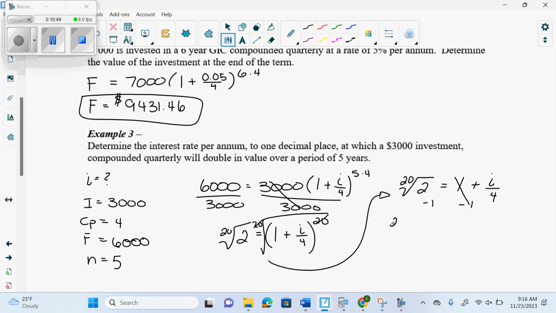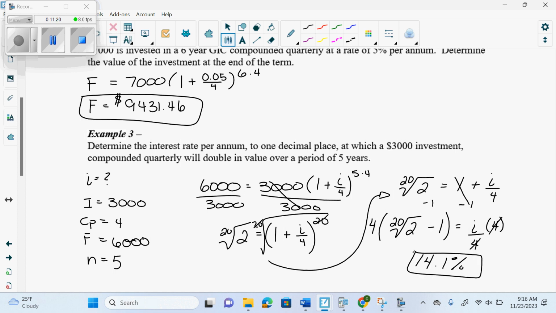So I get the 20th root of 2, subtract 1 equals i divided by 4, and then I multiply by 4. So I get the 20th root of 2, minus 1, times 4, times 100 is 14.1%.